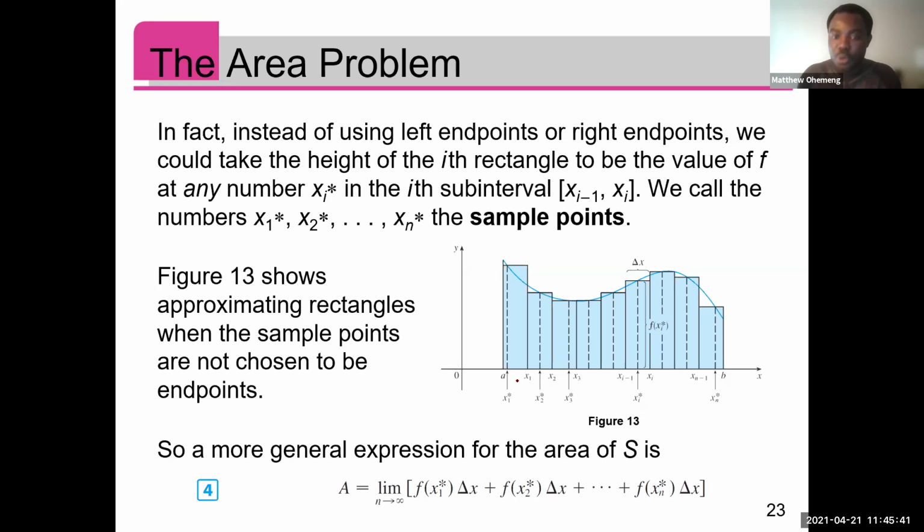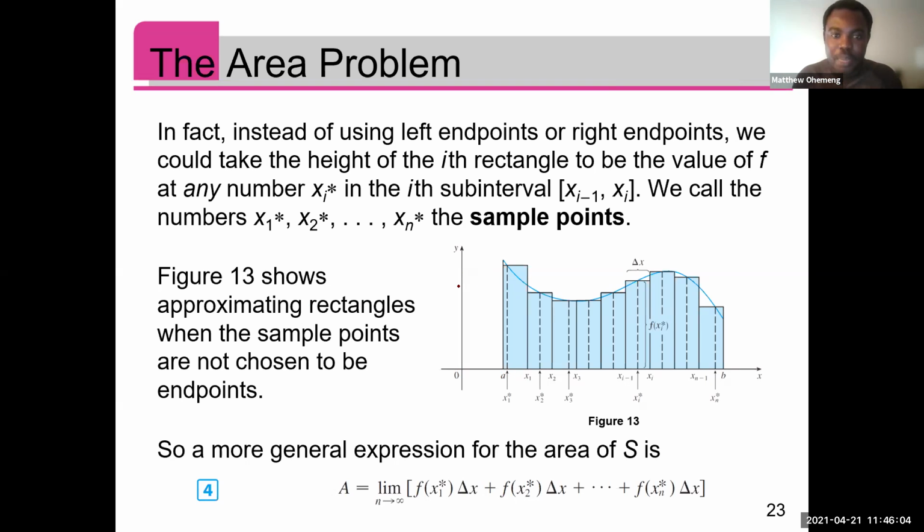Well, the answer is no. You are not restricted. Even sometimes when you're approximating and you're not doing the true area, you can pick a sample point in between the interval, which will give us a very good height approximation instead of a very much overestimated or underestimated value of the height, right?